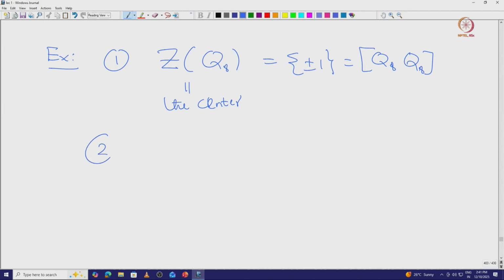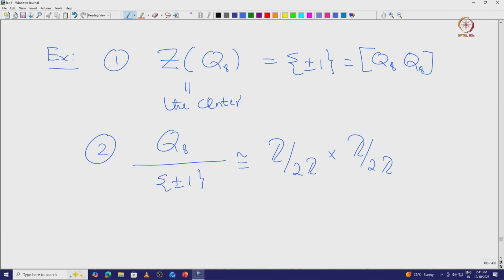If you go modulo the center, what we get is the Klein 4 group. This is going to be isomorphic to Z modulo 2Z cross Z modulo 2Z. In particular, i bar, the image of i inside the quotient, will be mapped to (1, 0), and j bar will be mapped to (0, 1). This is the isomorphism given here.